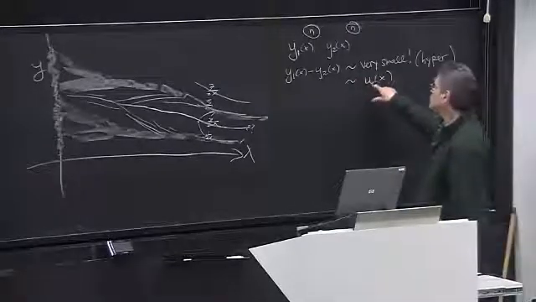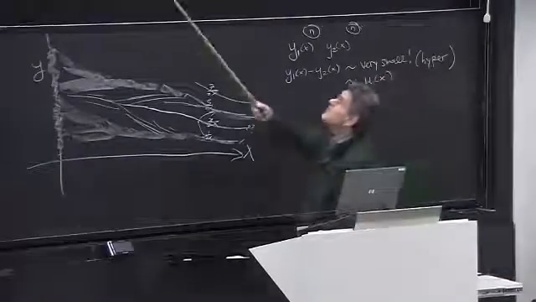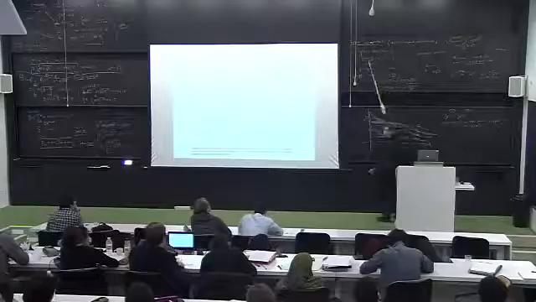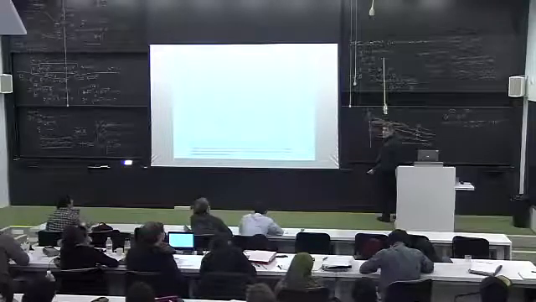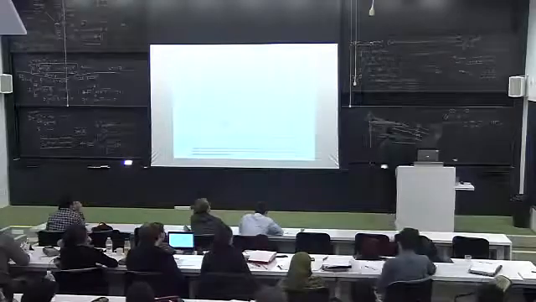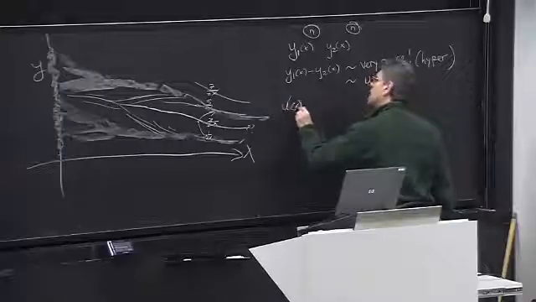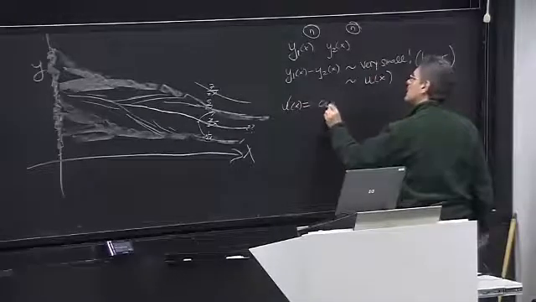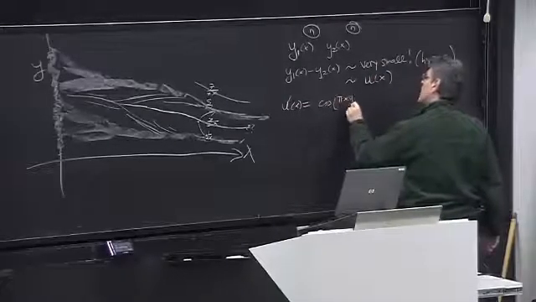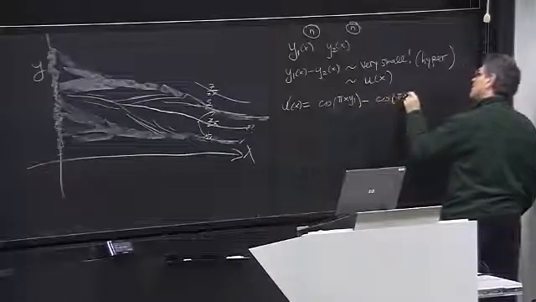What equation does u of x satisfy? Well, if I subtract the equation for y1 and the equation for y2, so take y2 away from y1, then this satisfies the equation u prime of x is equal to cosine of pi x y1 minus cosine of pi x y2.